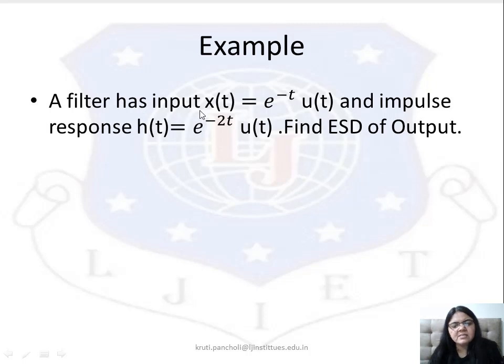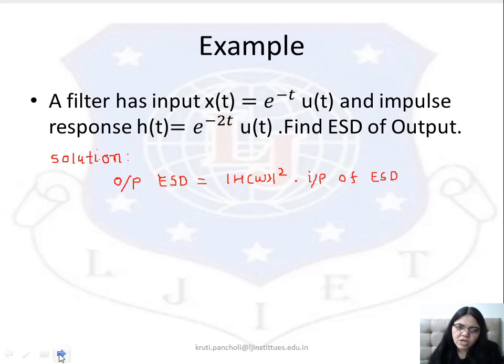A filter has an input x(t) equal to e raised to minus t u(t), and impulse response h(t) equal to e raised to minus 2t u(t). Find the ESD of the output. The solution is: what is my equation, as you have studied earlier?